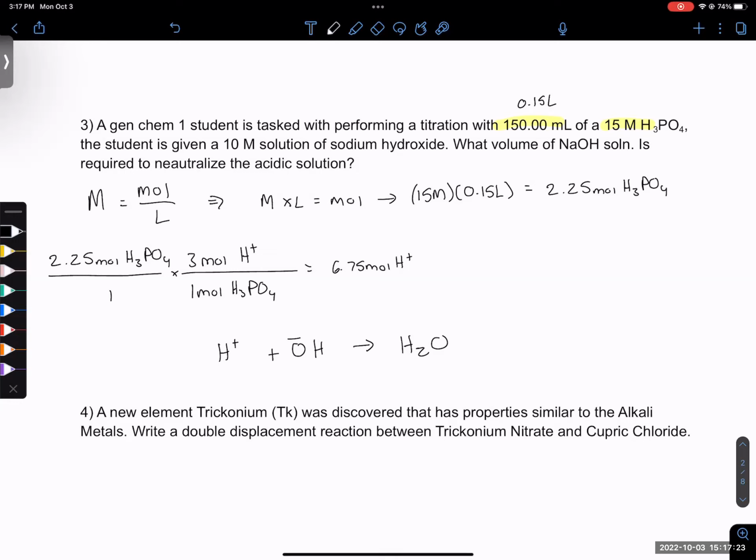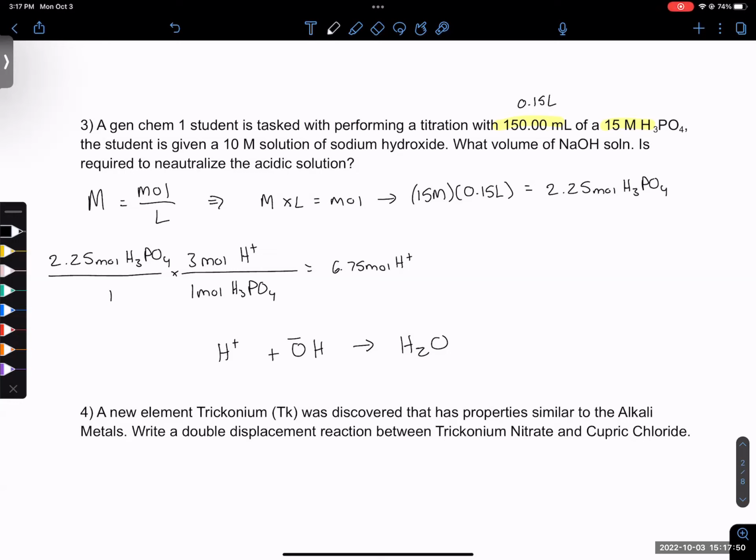Does that make sense? What about monoprotic acids and diprotic acids, would that be in the question? Sometimes yes, sometimes no. If it's not there, you write out the formula. Say nitric acid, right? That only has 1 hydrogen, so it's monoprotic.